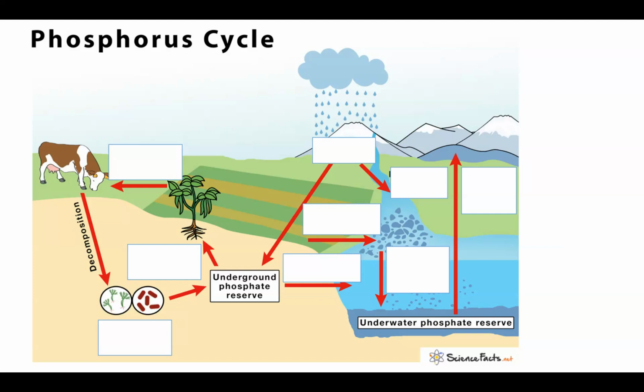Phosphorus was never a gas. Our atmosphere is not a part of our phosphorus cycle. The biosphere, yes, because we've got living things. The hydrosphere, because it's in precipitation in water, and the geosphere, because we're in the rock, but never the atmosphere.